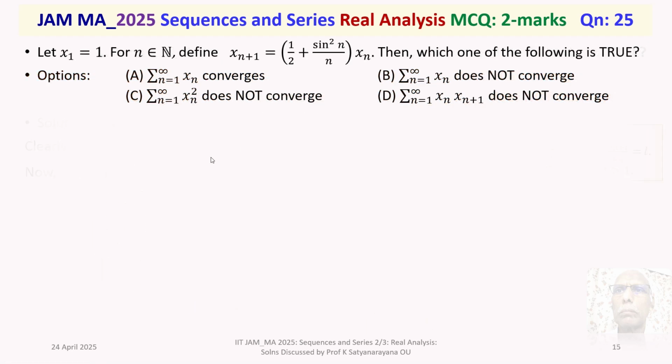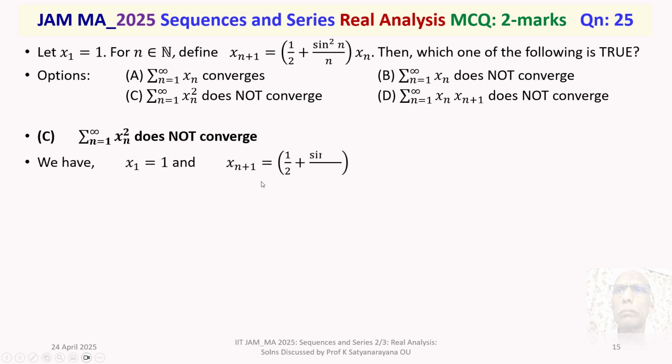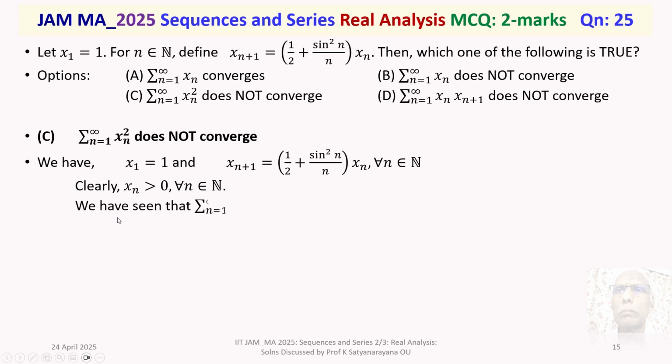For that, let us take option C. Sigma n equal to 1 to infinity xn square does not converge. We have x1 given, xn plus 1 is given like this, and every term is positive for all n belongs to N. And we have seen sigma xn is convergent.